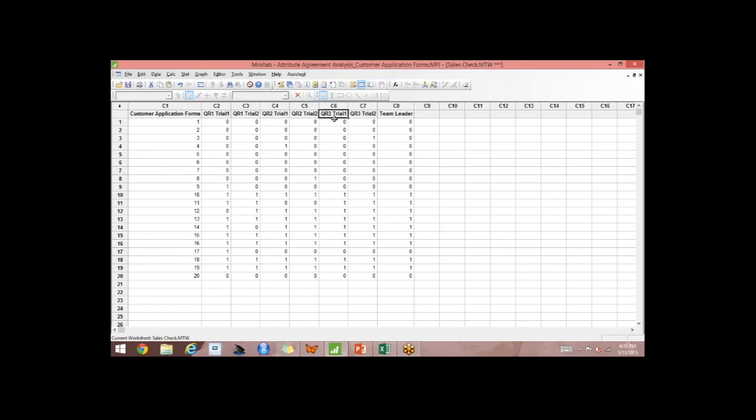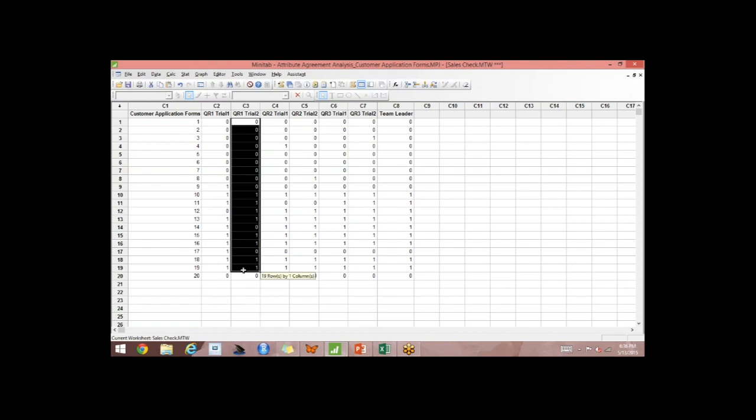I have 3 appraisers in this case. And I'm asking them to take the readings. So they have taken the readings as part of trial 1. As part of trial 1, quality representative 2 also has taken the readings. And as part of trial 1, quality representative 3 also has taken the readings.